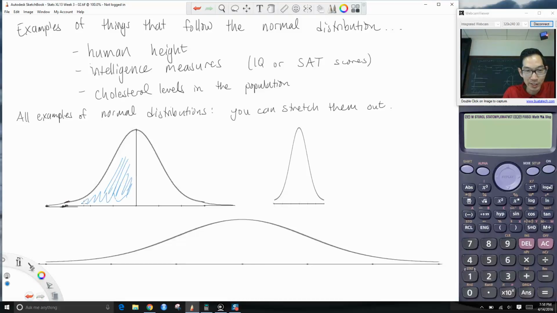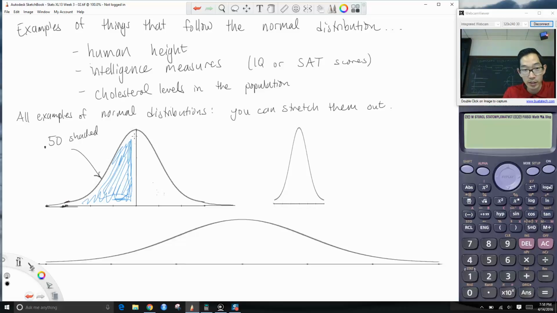If I shade over here, the amount I have shaded will be 50%, 0.5. And you can imagine if I draw the same thing anywhere else, I would also have 50% shaded.